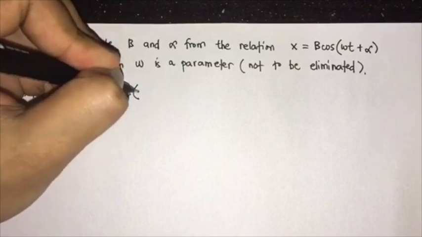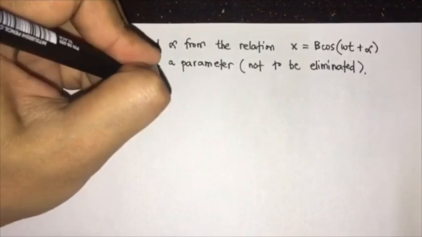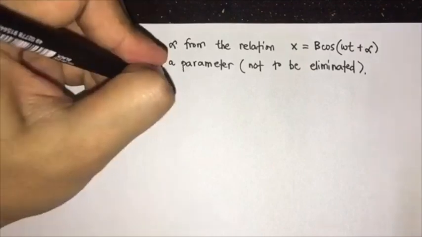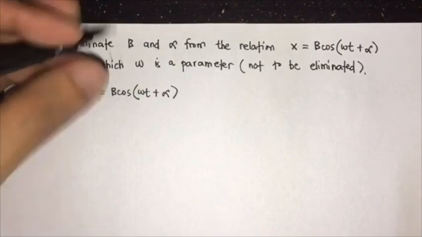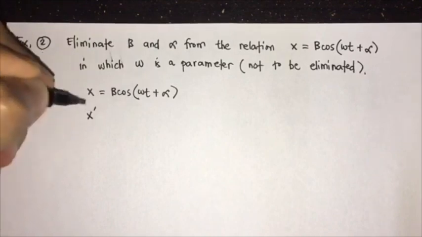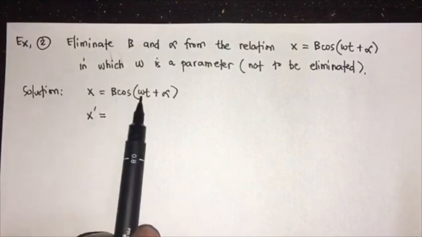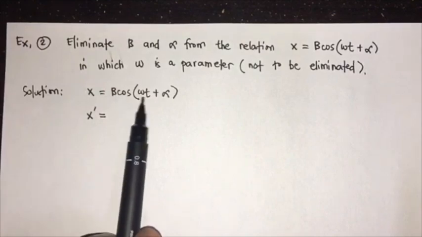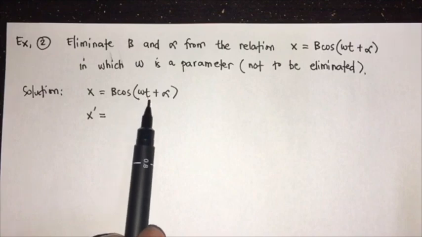So from x is equal to b cosine of omega t plus alpha, we will need x prime, or you can use dx over dt. So derive with respect to t.